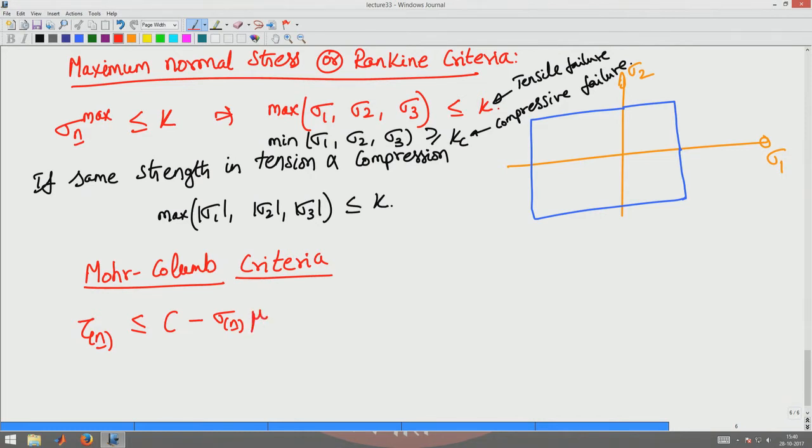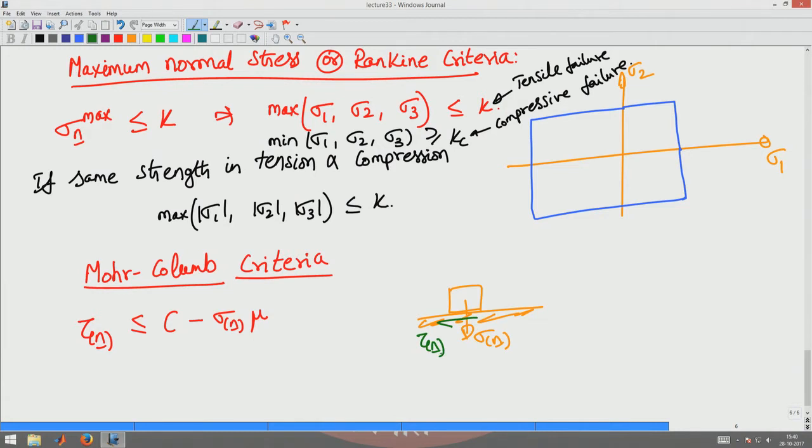What this says is, if a block is moving on a surface, you have frictional forces coming in, which depend upon the normal stress on that surface between the block and the surface. That normal stress is sigma n, and the shear stress that resists this motion is tau of n.